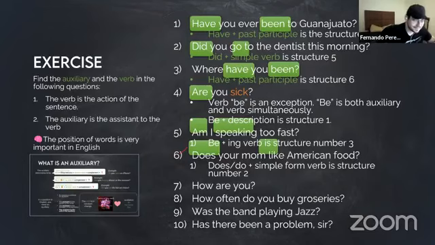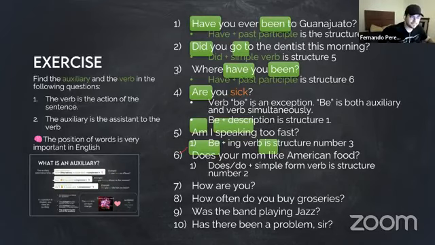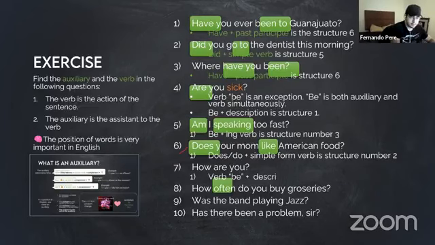Yes, are is the verb. This is an exclusion: there is no auxiliary here. This is verb be plus description, in structure 1.